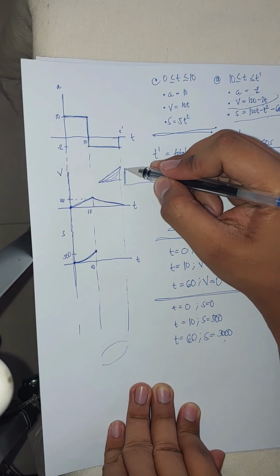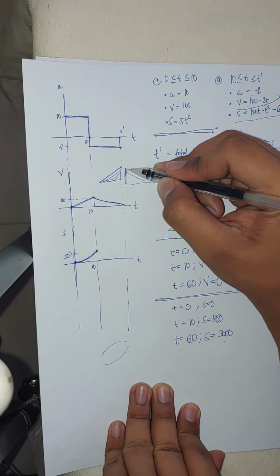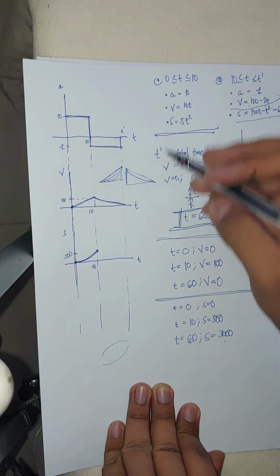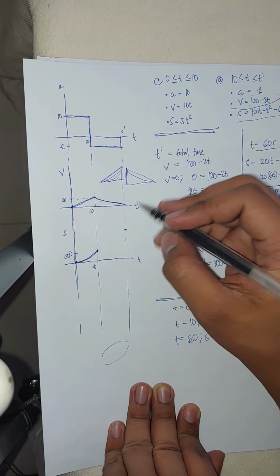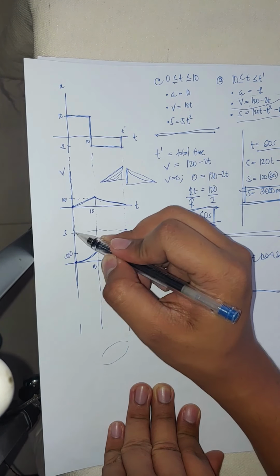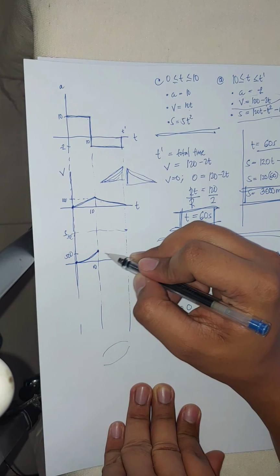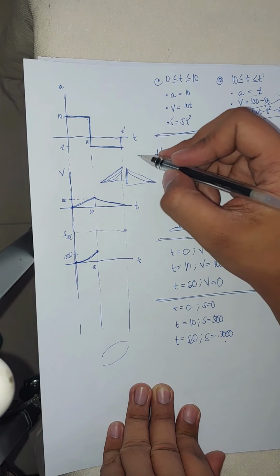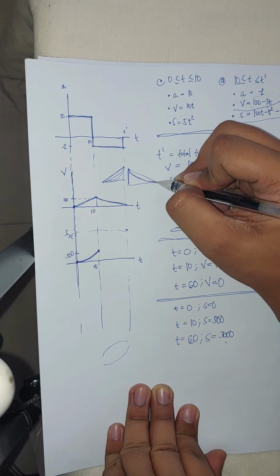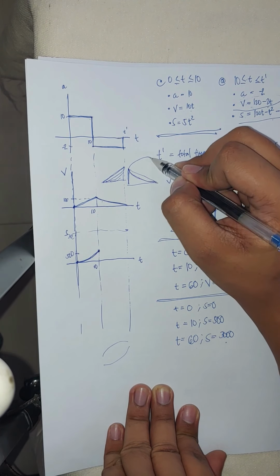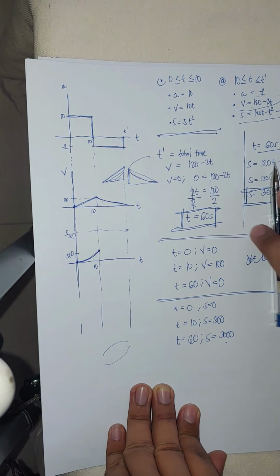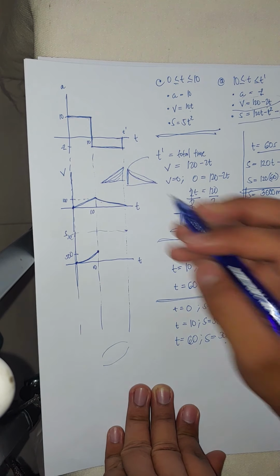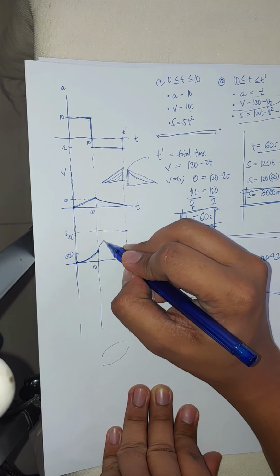Kung negative, pa-downward, kung positive, pataas. Okay? So ato ang gamiton is pataas nga curve like this.